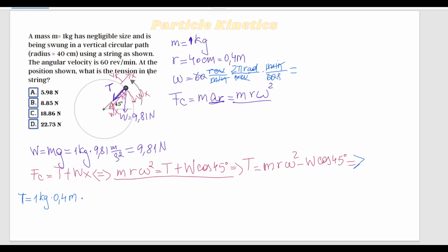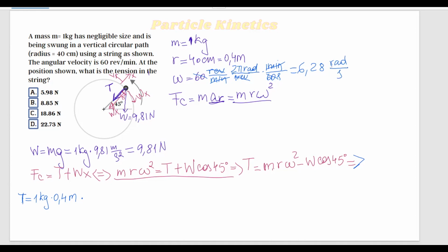So we have 2 pi, and let me put my calculator into radian mode. There you go. So I can do this calculation now. 2 pi multiplied gives me an omega equal to 6.28 radians per second.